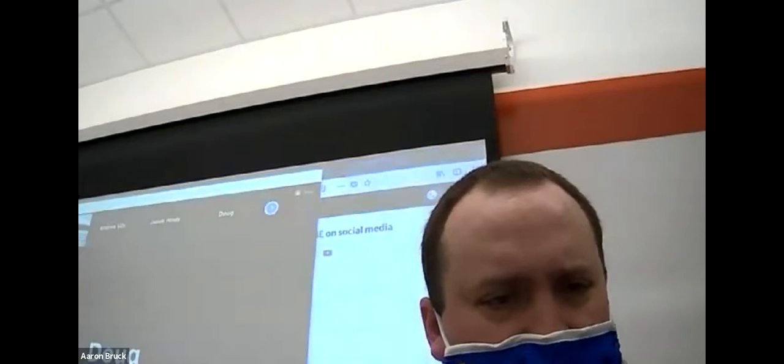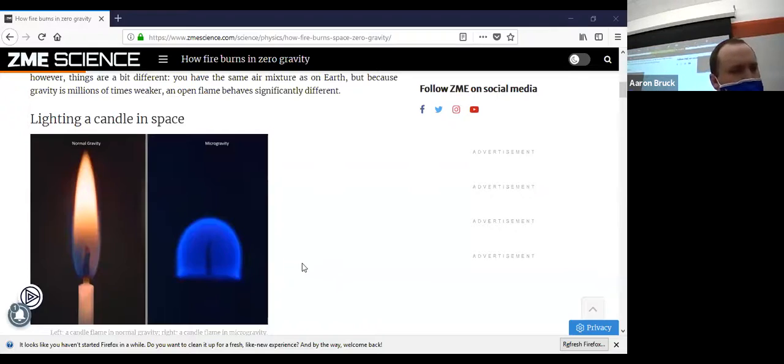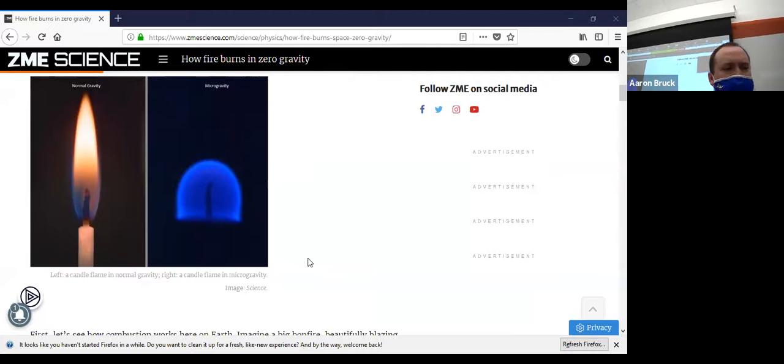For those of you on Zoom, I'll show you the series. This was actually an experiment that was done on the space station. The question was, how does a flame burn in zero gravity or microgravity compared to down here on Earth?